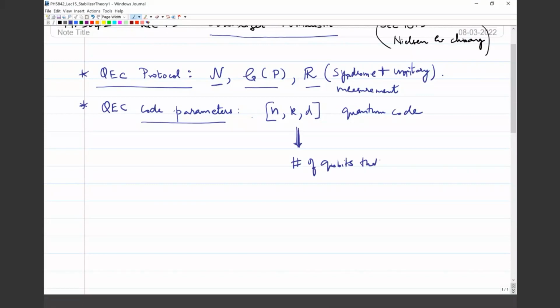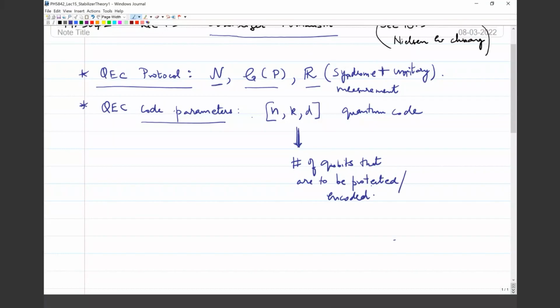So the number of qubits that are to be protected, let's say. Or in other words, the number of qubits that are encoded, right?